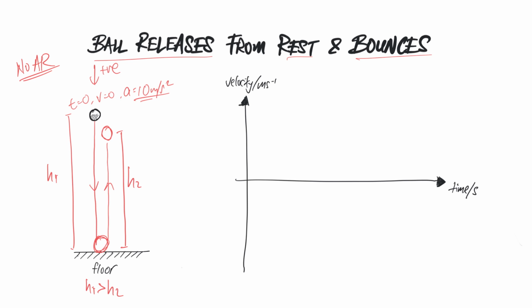Next, let's start to plot or sketch the graph. So initially, as mentioned, at time equals 0, the speed will be 0, so we will start from the origin here. Now, more importantly, as the ball is falling, let's draw the free body diagram of the ball.